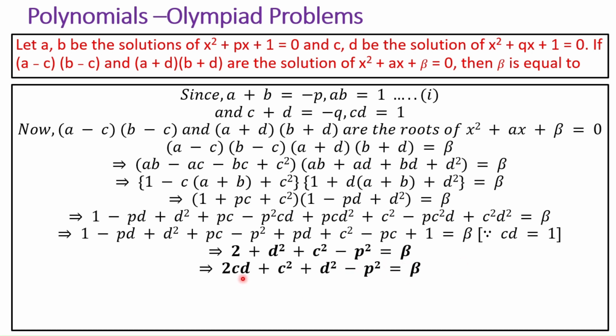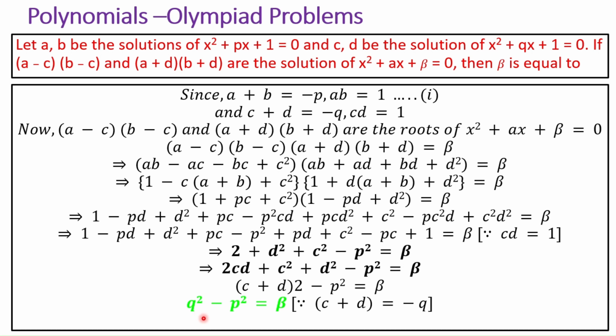Now I will rewrite this 2 as 2cd, because cd equal to 1 anyway, right? Because I can make a square of this one. Now this will become, sorry, (c plus d) whole square. Okay, (c plus d) whole square minus p square equal to beta.